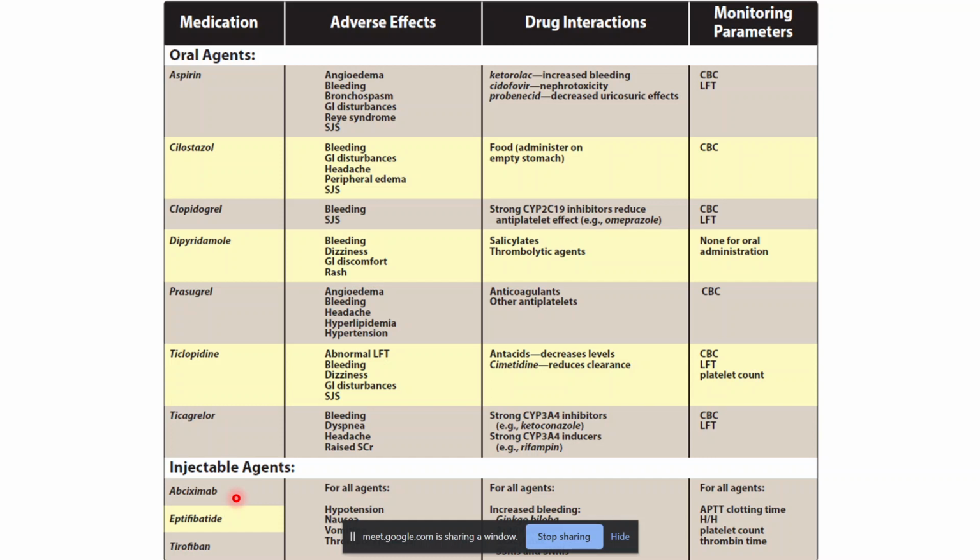All these agents influence the thrombocytes and prevent their activation, and that prevents the aggregation of thrombocytes and the development of the thrombus.